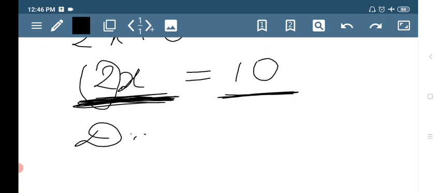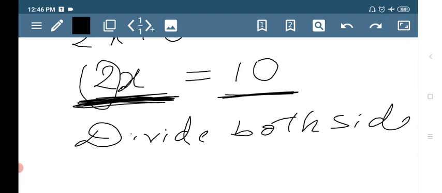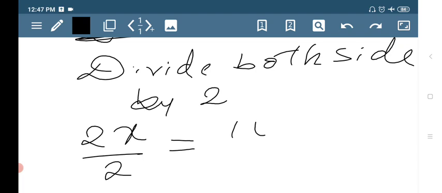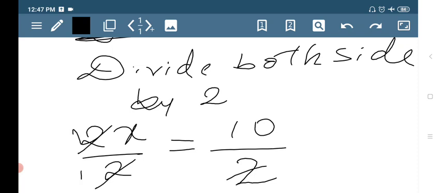Divide both side by 2. So what happens then? 2x divided by 2 is equals to 10 by 2. The 2s cancel. 2 fives are 10.